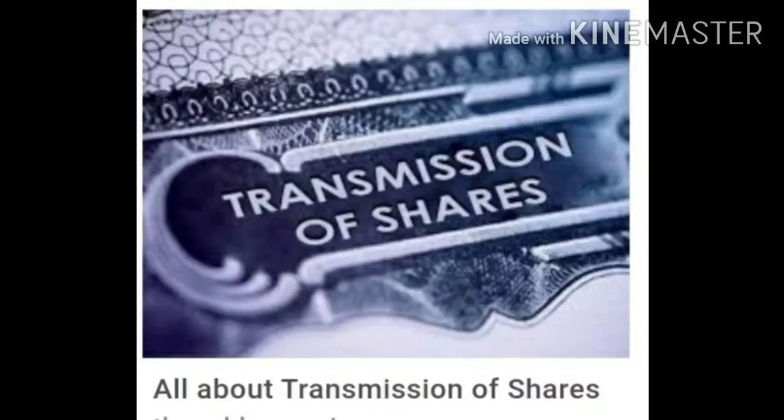Instrument of transfer: the transfer form is not used in case of a transmission of shares, but certain documentary evidence has to be produced by the legal representative for transmission.